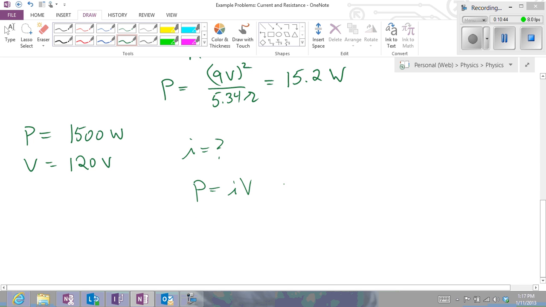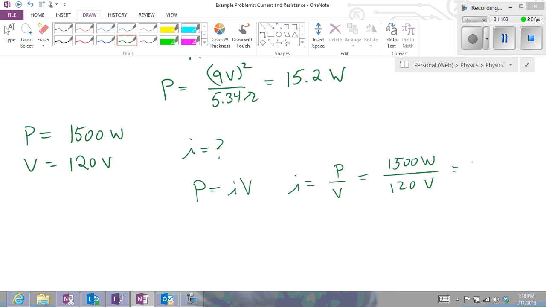So if I rearrange that equation to solve for I, I get I is equal to P over V. And so with my 1500 watt hair dryer, powered with a 120 volt electric circuit, I would get an answer of a little over 10, 12.5 amps.